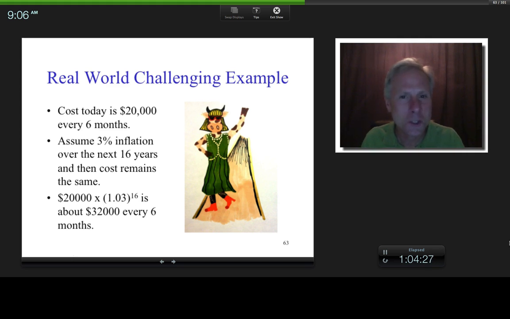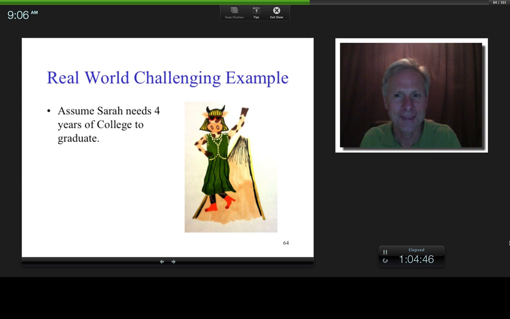So let's just assume that the cost of college for Jane, because Jane's going to pay for this, and her husband George, is 32,000 payable every 6 months, okay?